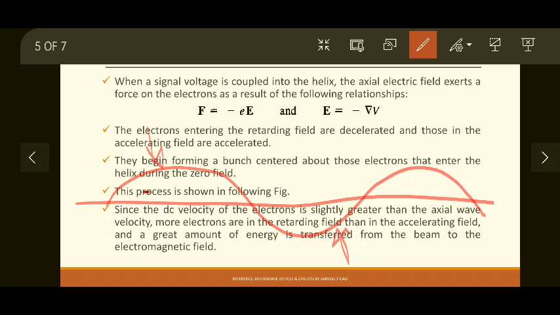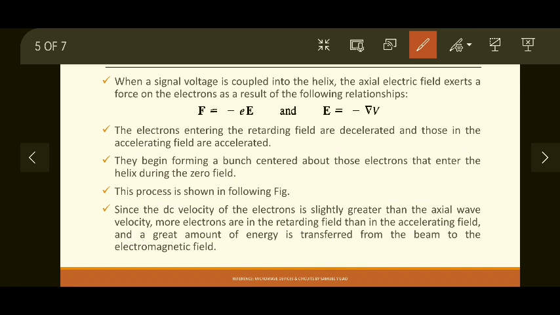Because electrons are negatively charged particles, the positive part will attract them and retard them, reducing their velocity, and the negative part will enhance and increase it. They begin forming bunches because of this acceleration and deceleration. Some electrons are accelerated, some are decelerated, and that creates a bunch centered around those electrons that enter the helix during the zero field.